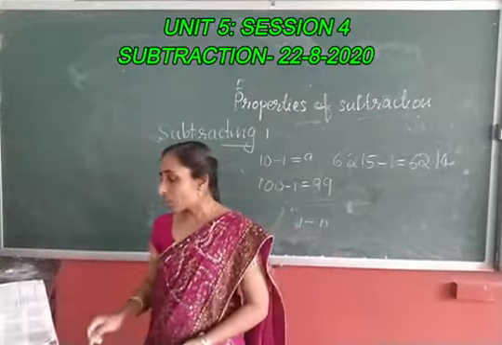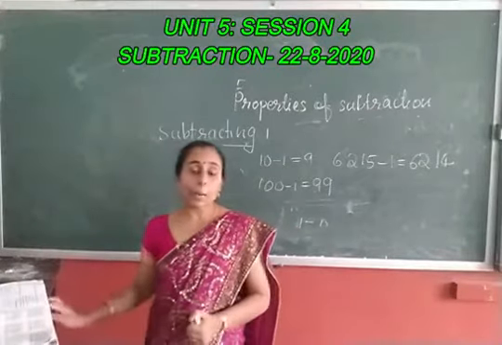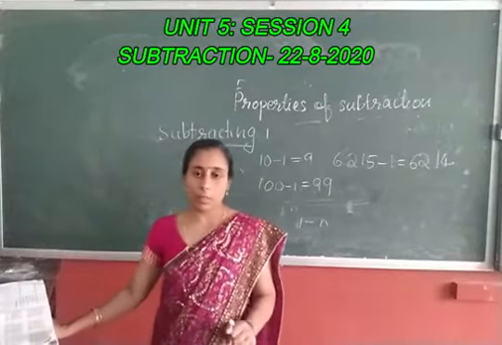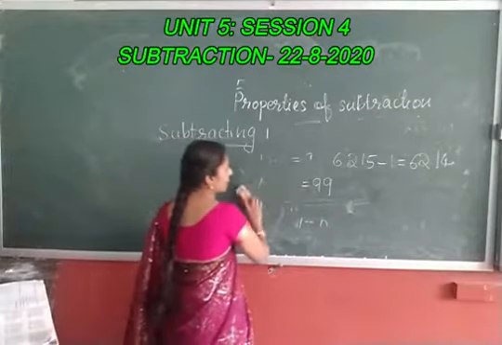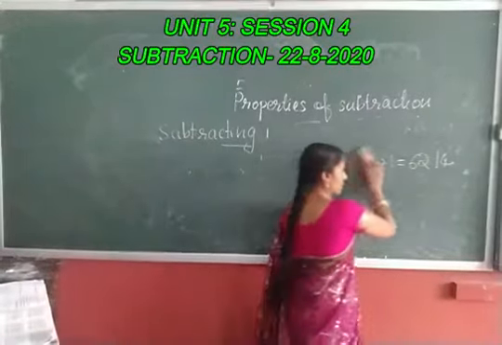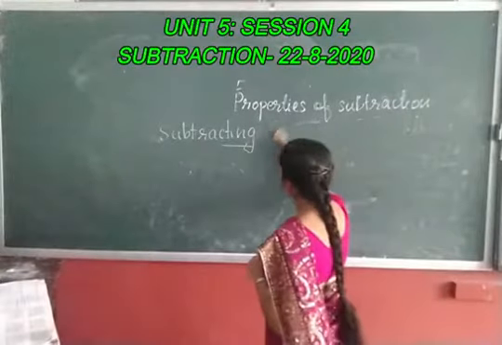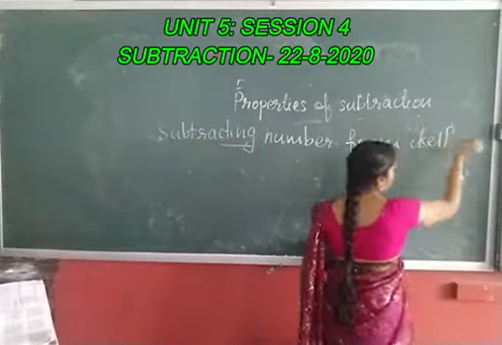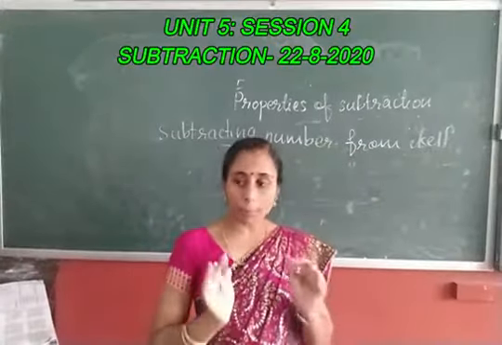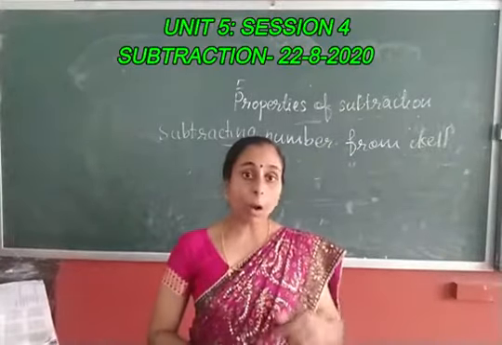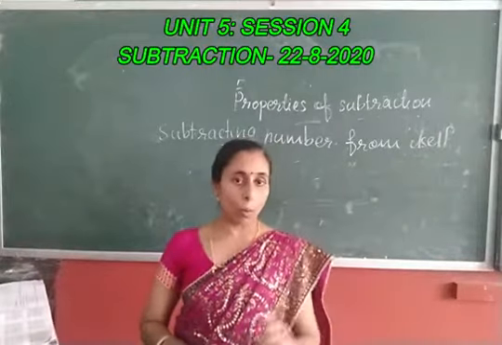Okay. Next one, subtracting a number from itself. Whenever we subtract a number from itself, we always get 0.